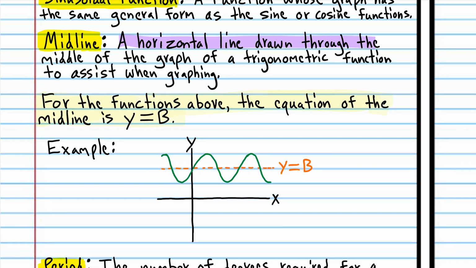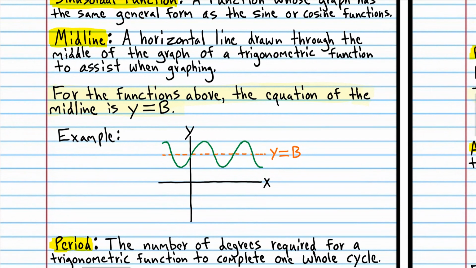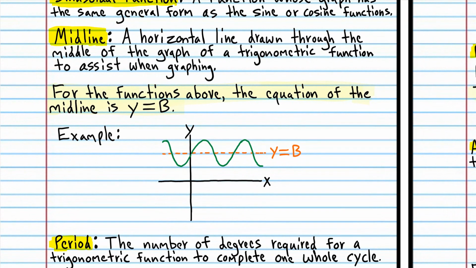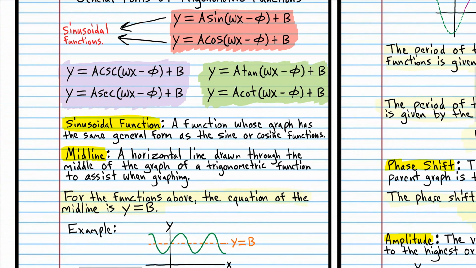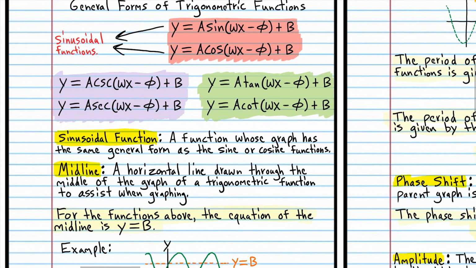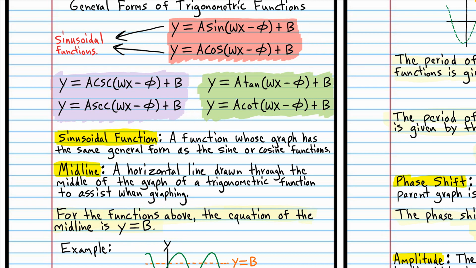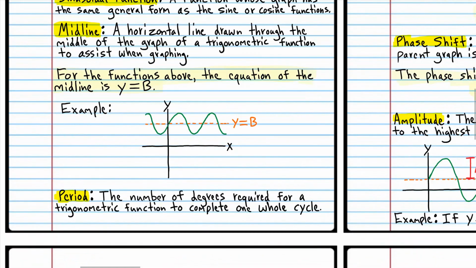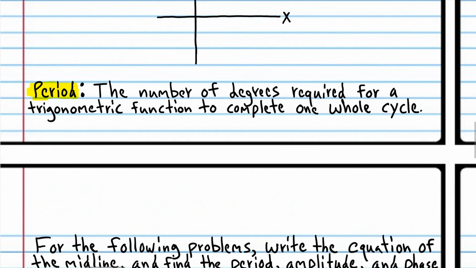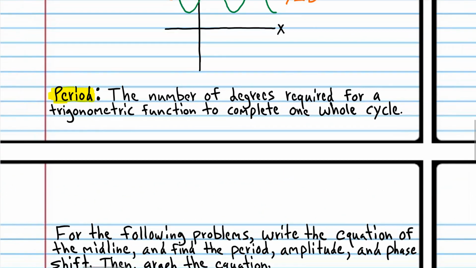That's called the midline, and that helps us to graph the function. And the equation of that line is always going to be y equals b, this number here at the end of the equations. And we're going to talk about why that is as we go along in this class today.